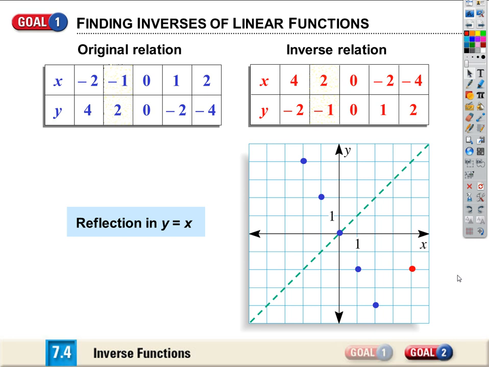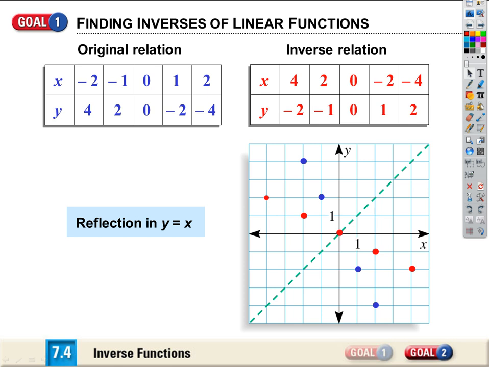It's going to stay put. This guy down here is going to get reflected over, and this guy's going to get reflected over. Okay? So that tells us something important. The graphs of inverses are mirror images of each other, reflected over this diagonal line, y equals x. Just a line through the origin with a slope of 1, right?